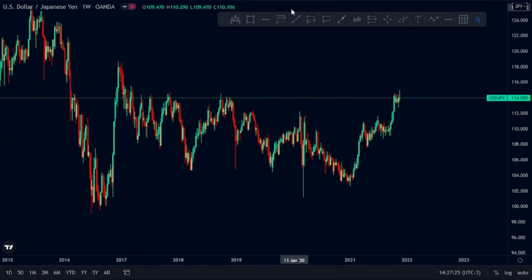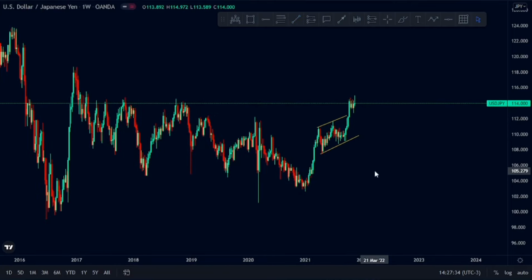Initially we had something like this. We're looking to sell off this double top zone here, but then price failed to commit. Yes, it rejected to the low, but then it retraced back up and shot up again to this level. So it failed to sell from this level.